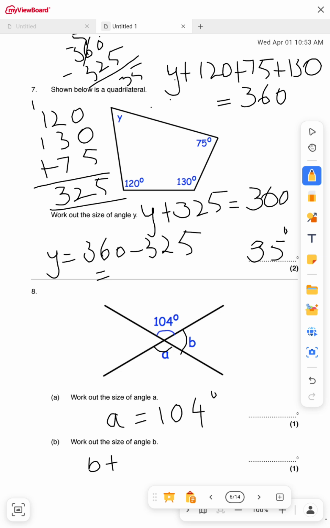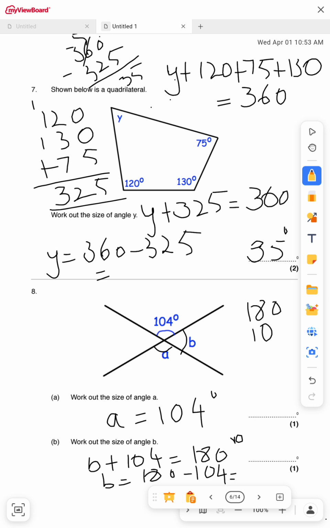So B is equal to 180 minus 104, and that is 76 degrees. 76 degrees, and this is 104 degrees.